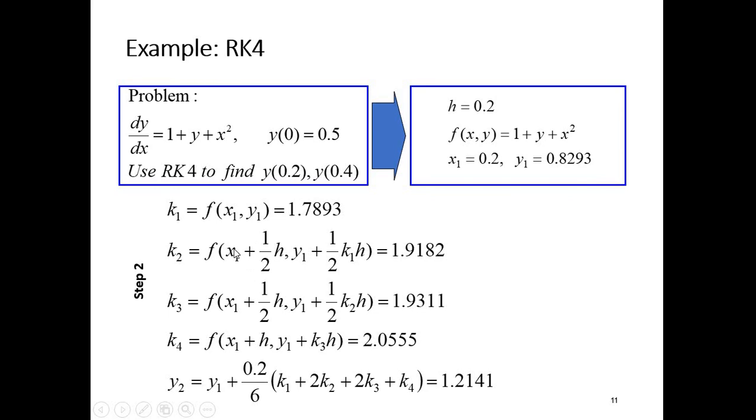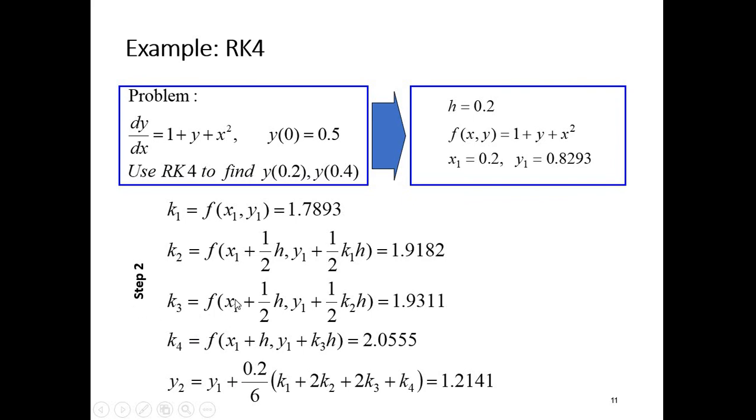Then x1 you know, y1 you have, k1 you have, h you know, so this is your overall y value for this coordinate that you're going to substitute there. So if you compute this f of x here, you should get 1.9182.